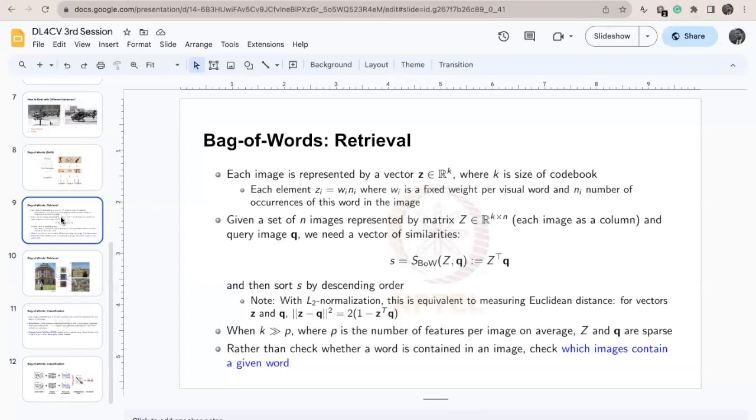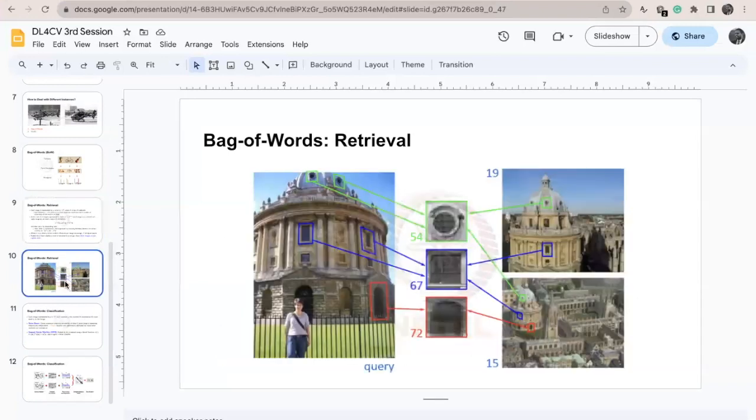If an image corresponds to a vector in the capital Z, we assign that image as the target image.